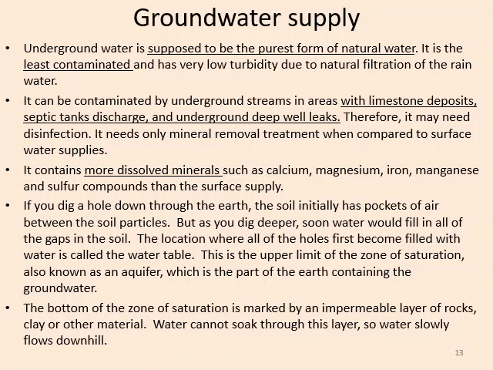So the bottom zone of saturation, where the natural groundwater level is present, is marked by an impermeable layer of rocks, clay, or any other material. Water cannot soak through this layer, so water slowly flows downhill.